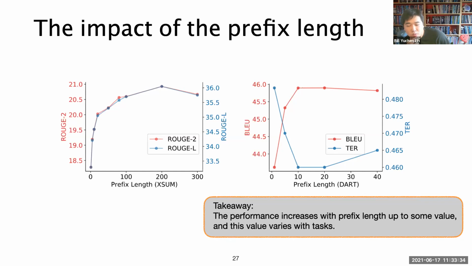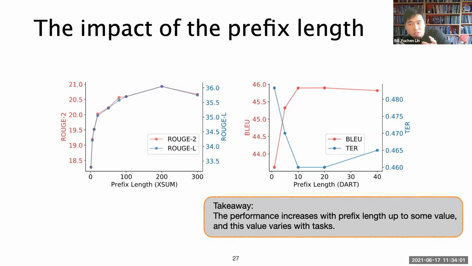But this could be very specific to data size. Like XSum here in your curve, if you use 200 prefix tokens, that's the best performance. Yeah, if I use 200 tokens, it's around 3% parameters total, I think. I see. So that's close to adapters. Yeah, that is close to adapters in terms of the number of parameters.